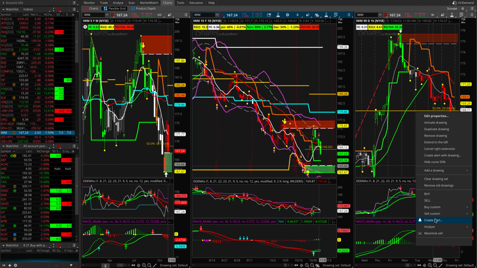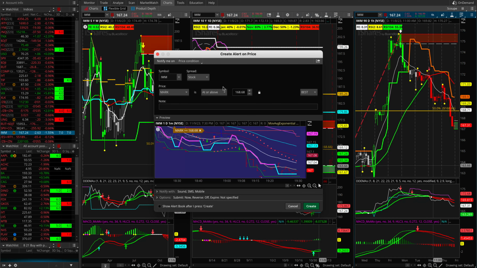Create alert at or above. Now that'll go off. I'll actually get an alert on my phone even when that goes, and if that gets up past that, there's a good chance it's going to break this ATR trail back to the upside. Okay, that was the Russell.